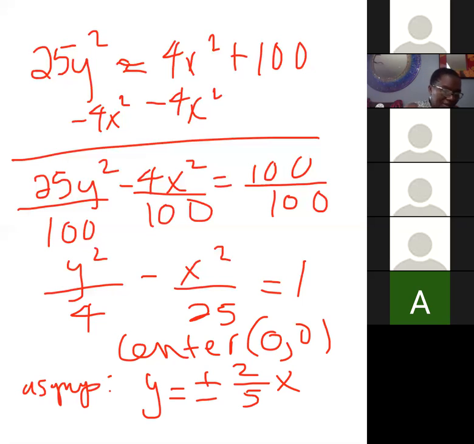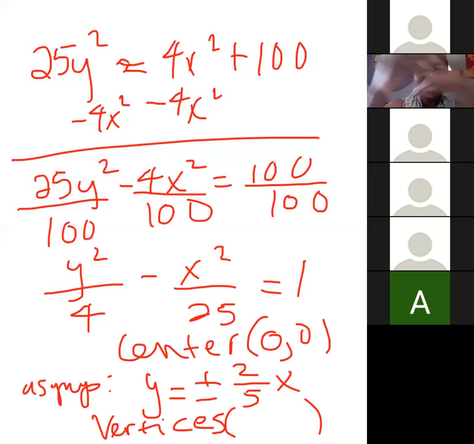All right, guys. So next question. What would be the coordinates of the vertices? Come on, guys, you can do this. What you have to ask yourself is: is this a vertical hyperbola, as in y is the major axis, or is it a horizontal one, as in x is the major axis?